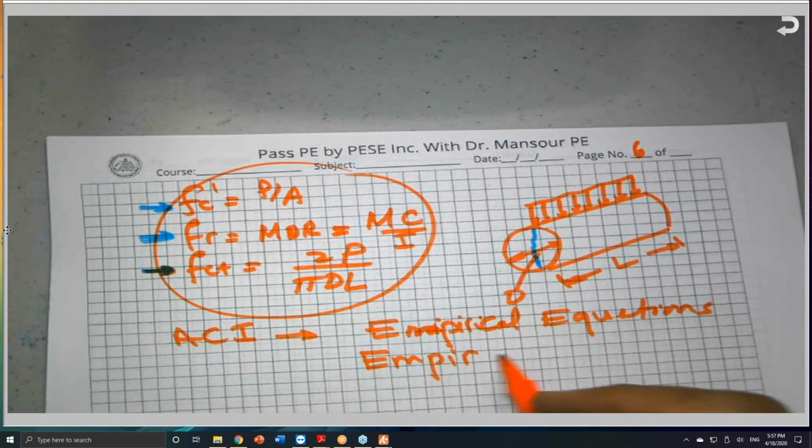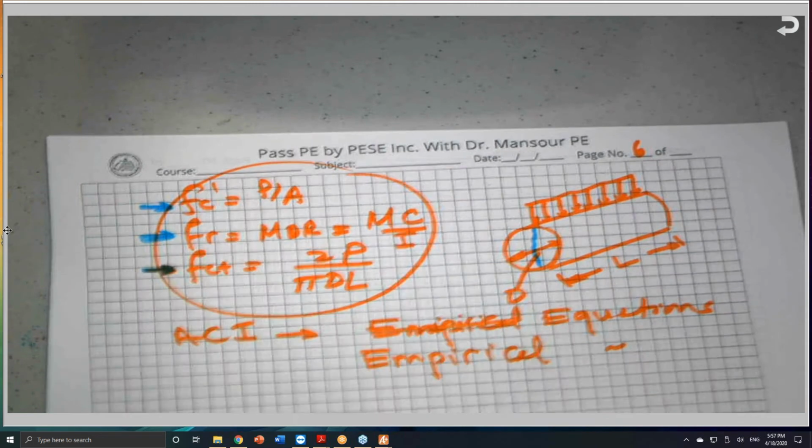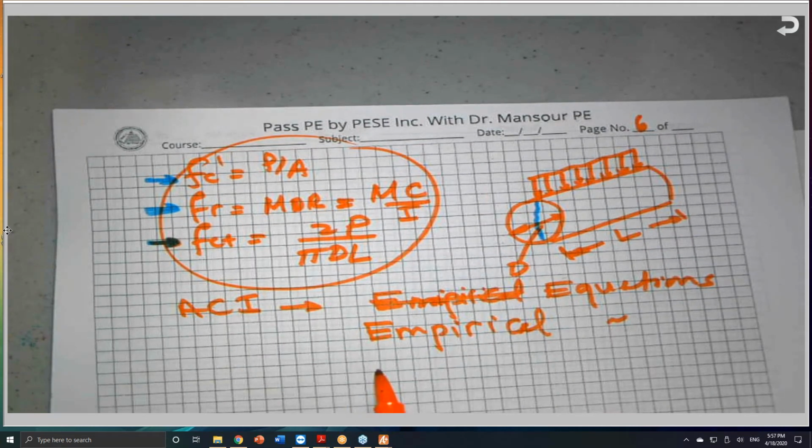Empirical, just to make sure the spelling is correct.